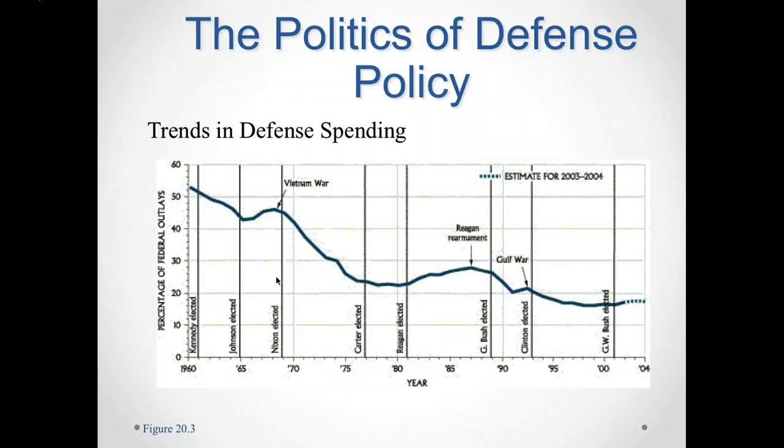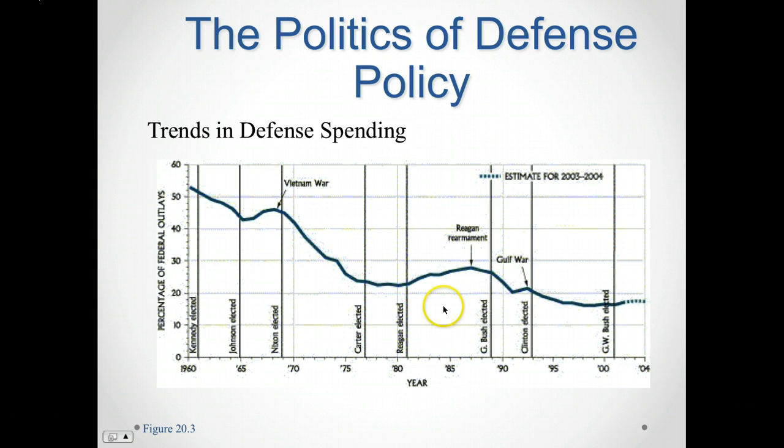If we look at the trend in defense spending, you can see that it has gone way down since the Cold War highs of the Kennedy administration. It saw a dramatic uptick during Ronald Reagan.